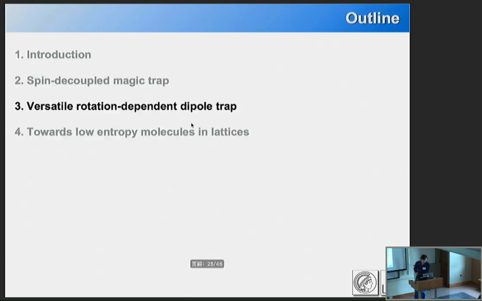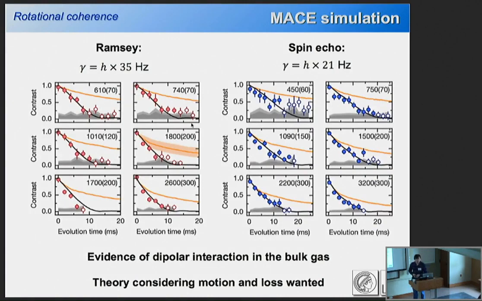Okay. So any questions? So what are the colors representing the lines again? Oh, sorry. So this is data, of course, and the yellow line only considers the dipolar exchange interaction. And the black line, we add this effective dephasing rate.